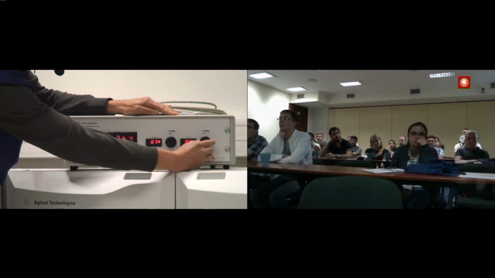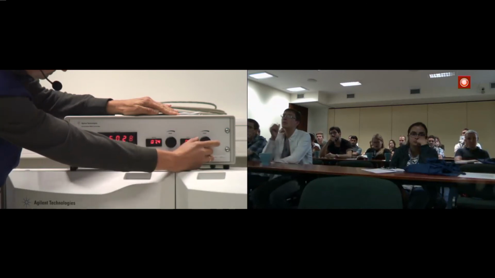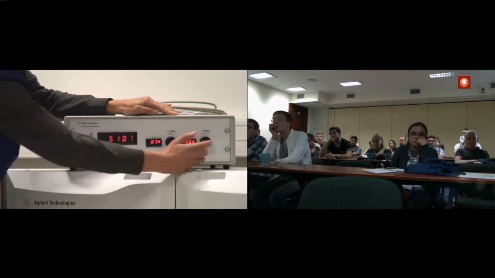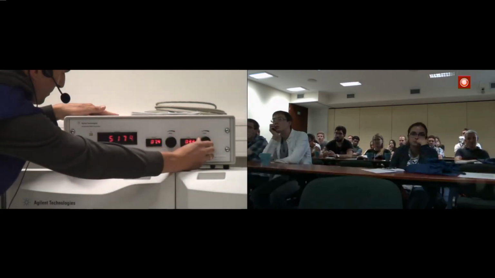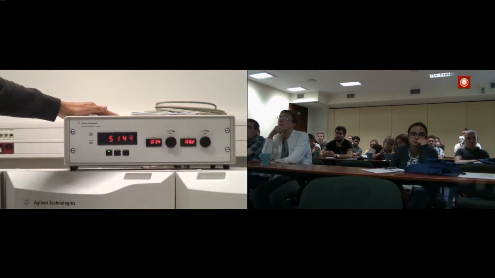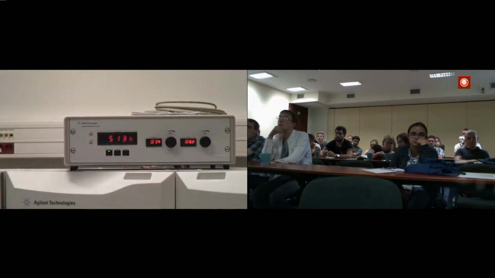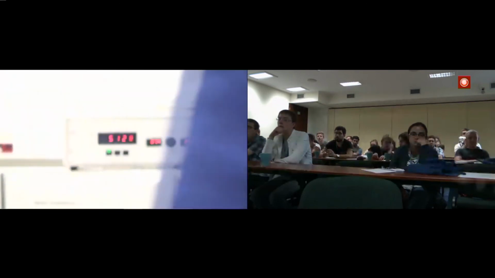Otherwise, the inertia works against you, and you may simply destroy not only the rotor, but also the probe head itself. So we're almost there. I reached 5,000. I will switch now to the automatic mode.